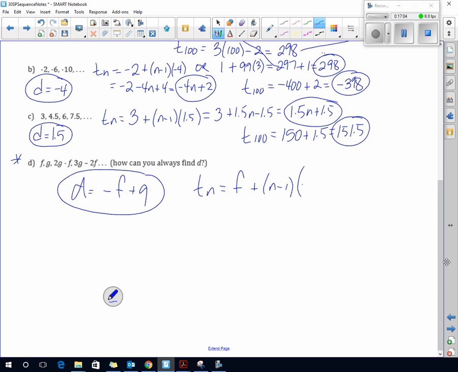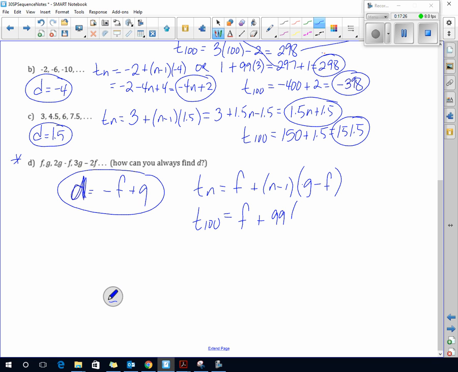That's a D. So term 100 is f plus 99 times g minus f. So that is f plus 99g minus 99f.